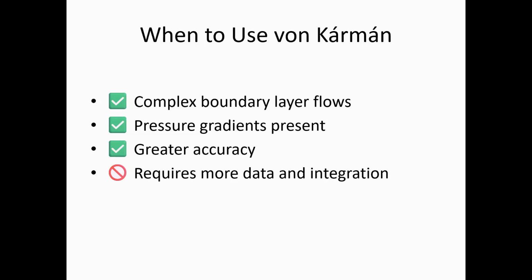This is the good part of it: complex problems will get solved, a pressure gradient, if present, will also be handled, and accuracy is also good. But the major disadvantage is that it requires more data and integration. Basically, you need strong concepts and strong mathematical solving.